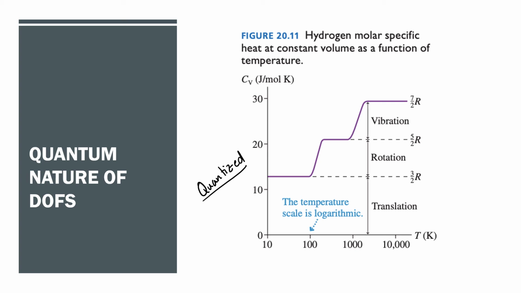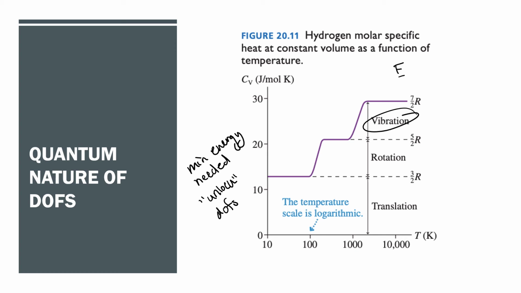And we have the same way of thinking with these degrees of freedom, right? There's a minimum energy that we need to unlock degrees of freedom. So essentially, there's a minimum energy needed to excite a molecule and unlock these degrees of freedom.